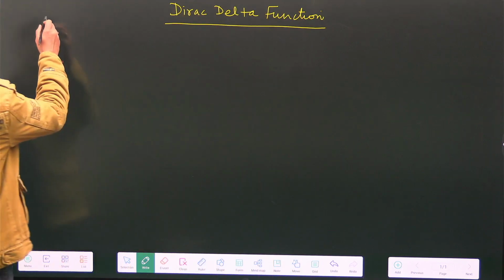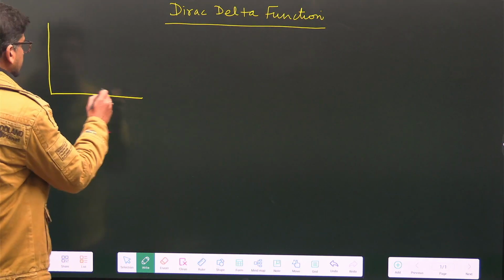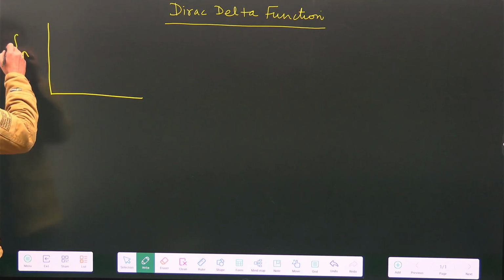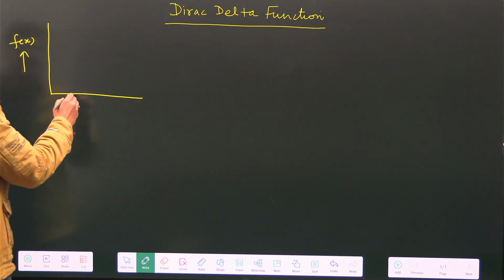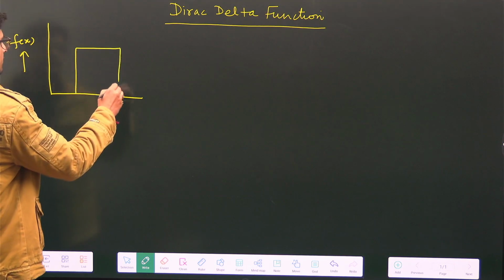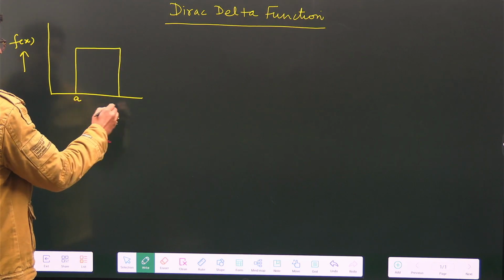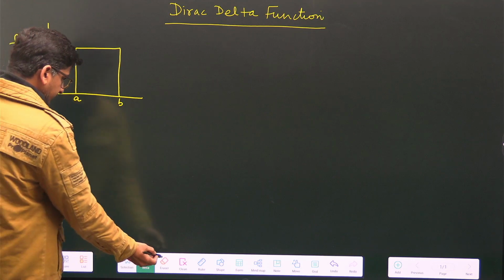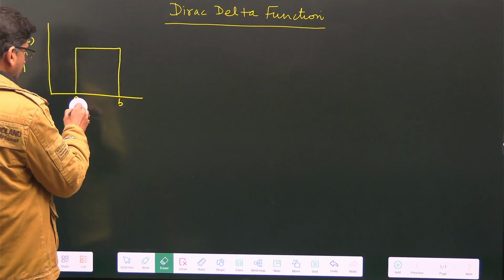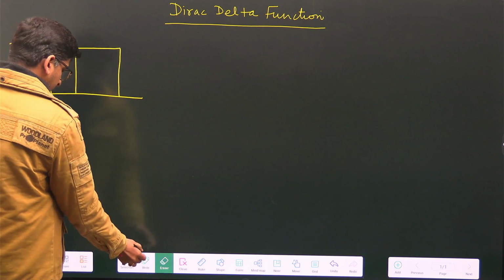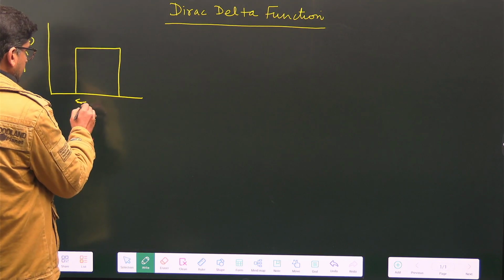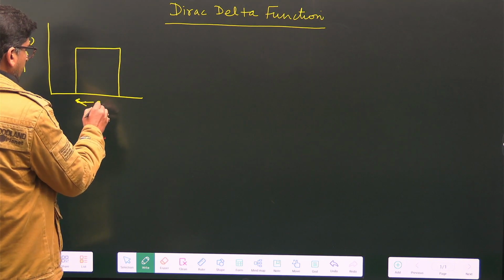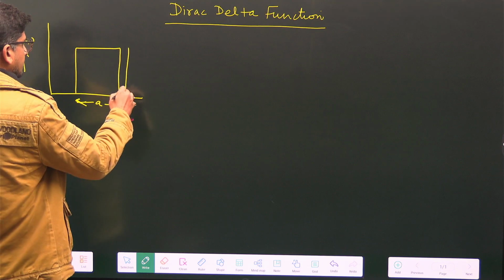Suppose I have a function which is like this. This is the function f(x), and it exists between some x1 and x2. Let me write, this is a and this is b.